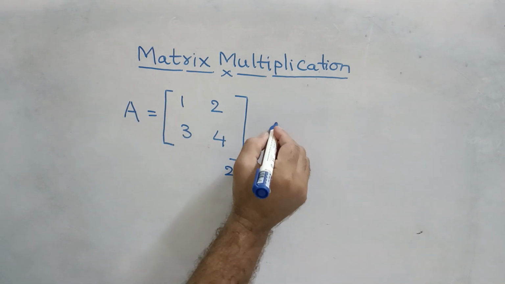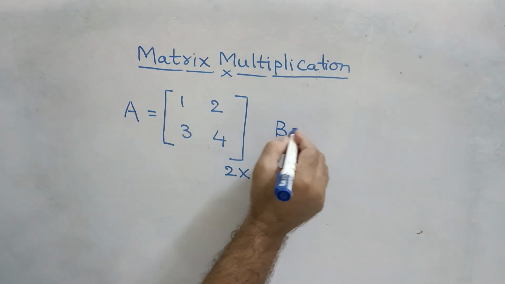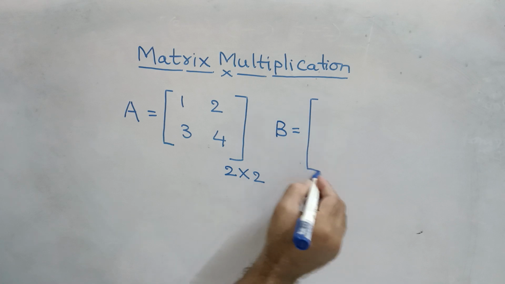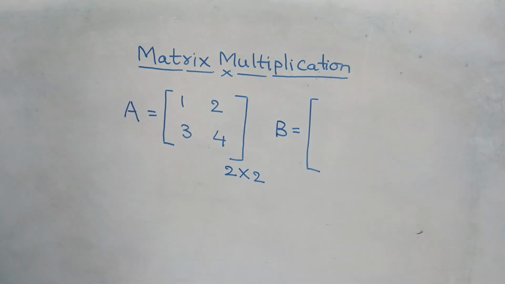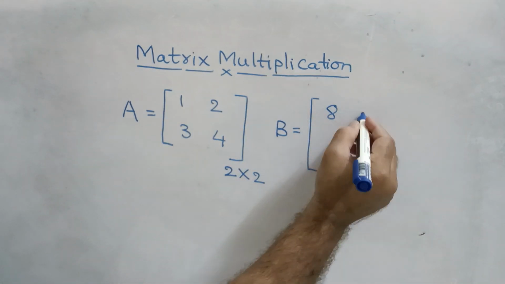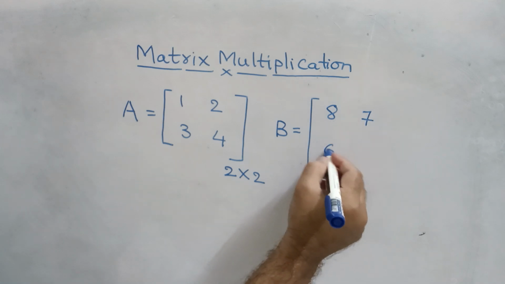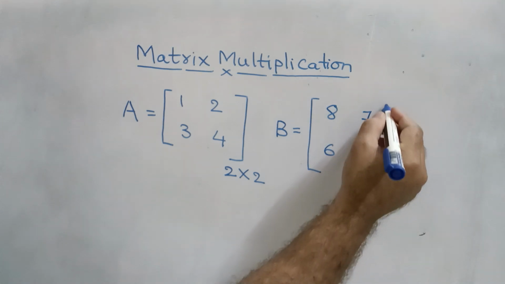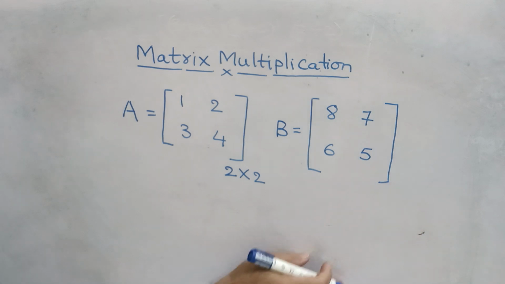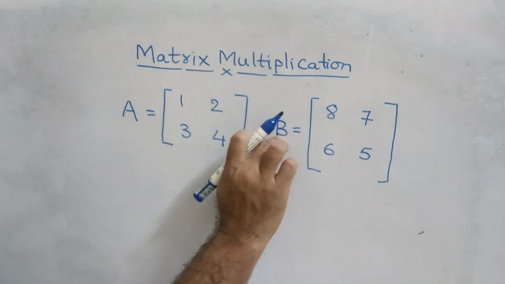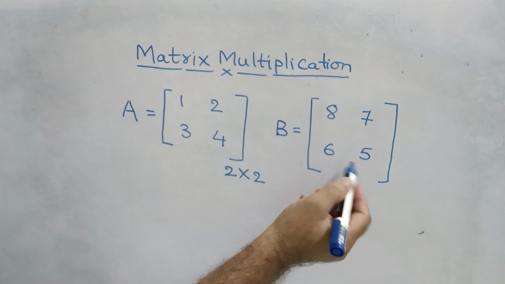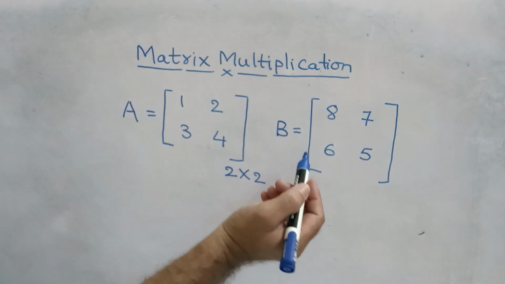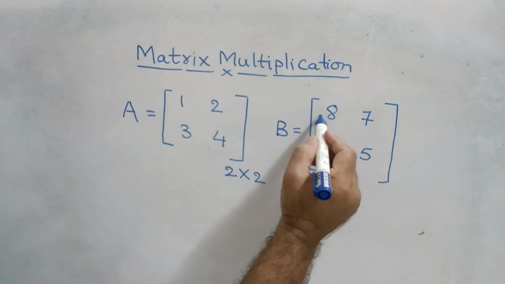And similarly, another matrix B is given. Let us consider B is 8, 7, 6 and then 5. This is the other matrix given, B, having the elements 8, 7, 6, 5. In this also, 2 rows are there.